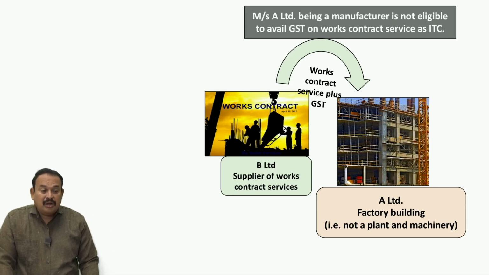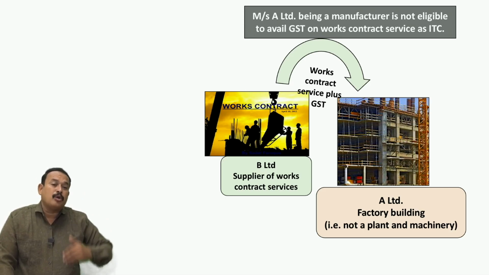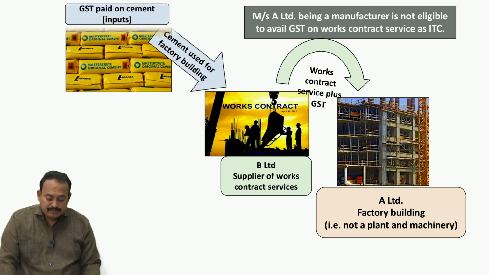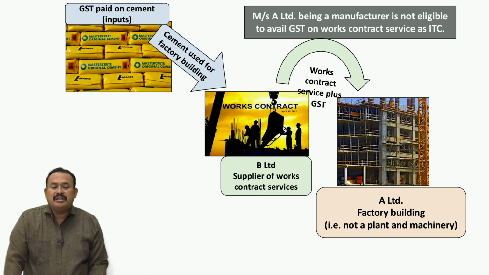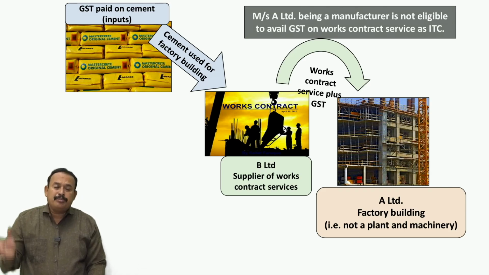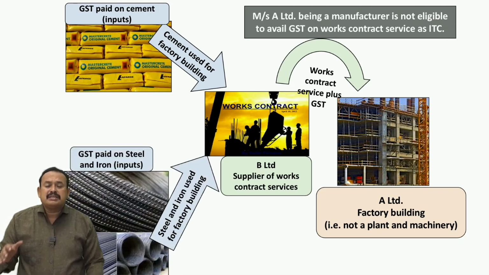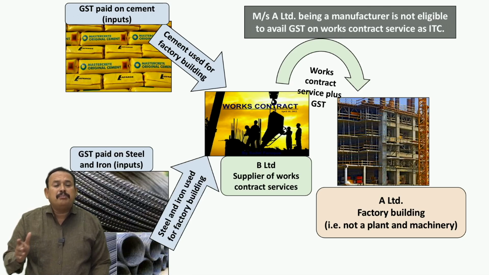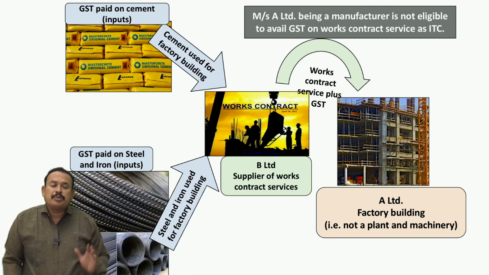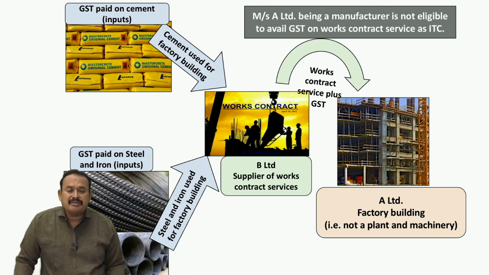Further, B Limited, while providing works contract services as output supply to A Limited, received cement for factory building purpose. He purchased the cement by paying the GST. The works contractor received steel, iron, etc. by paying the GST to provide output supply of works contract service.